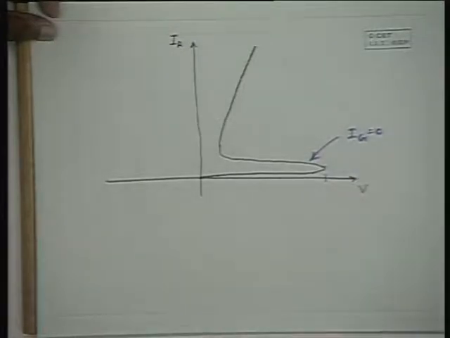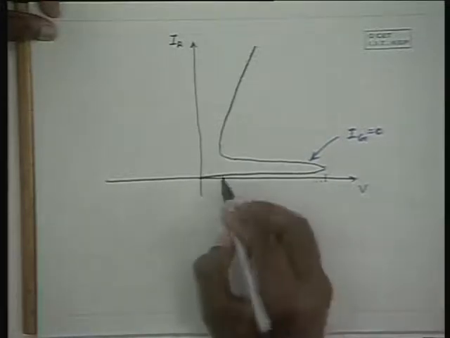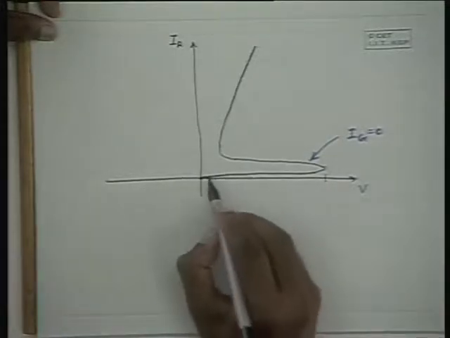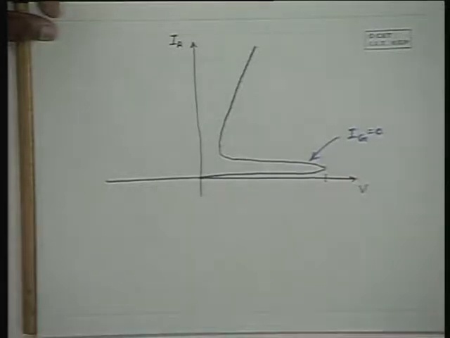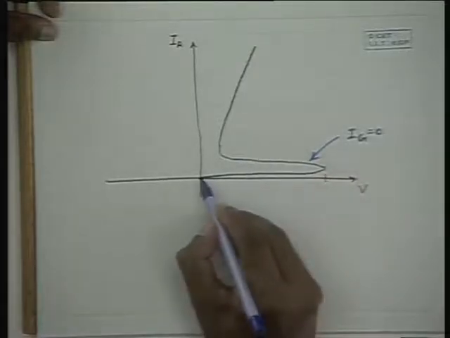Now if Ig is not 0, then with a small amount of positive potential, the characteristics are like this.